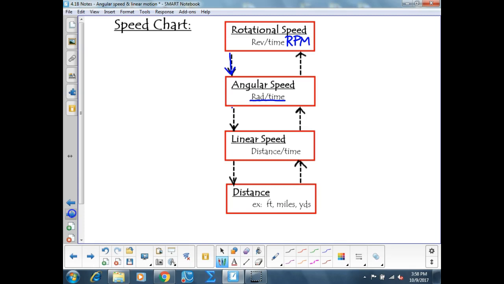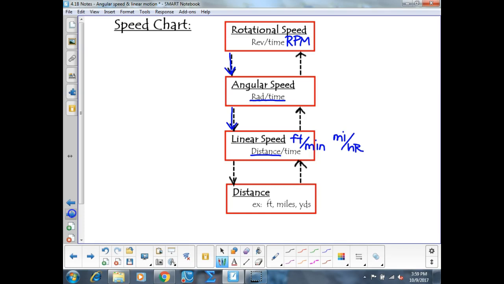Once we know angular speed, and once we determine a radius, we can convert that radian to a distance. And so I can go from angular speed to linear speed, which is some kind of distance over time, like feet per minute, or maybe miles per hour, our typical speed that we're used to working with.